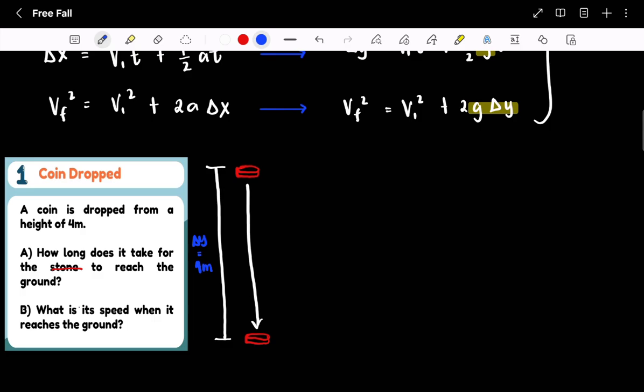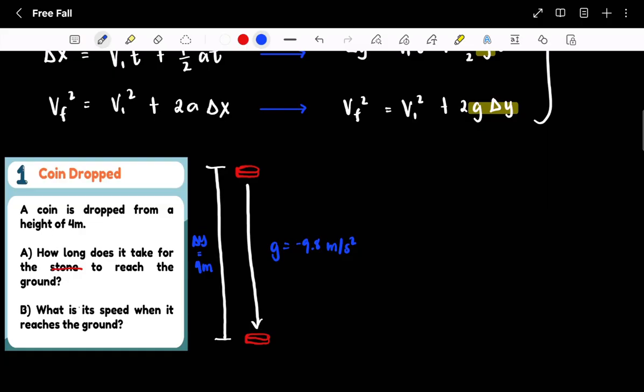Also, as I've mentioned earlier, in free falling motion, there is always a constant acceleration due to gravity, which is negative 9.8 meters per second squared. Although that is not stated in the problem, you should always consider this value because this is a constant variable. So, with this info, can we immediately solve the problem?